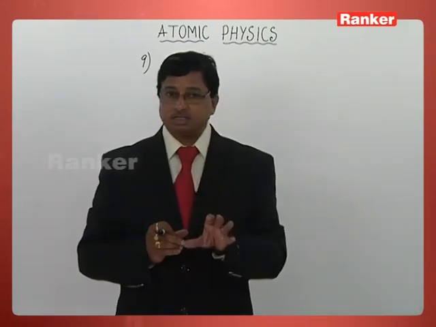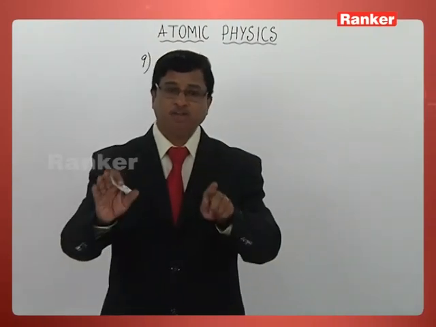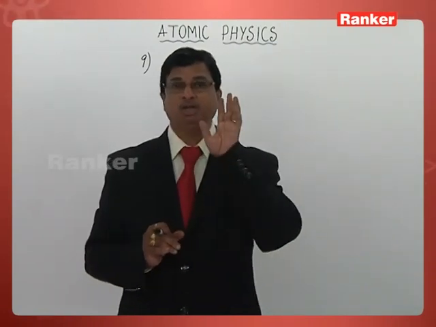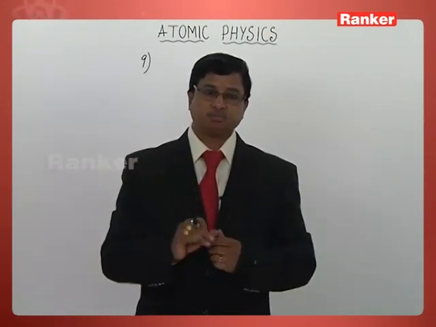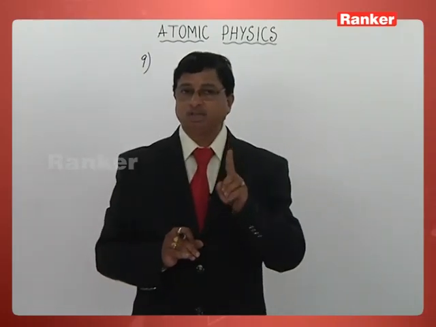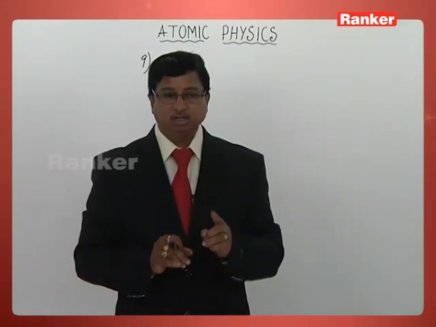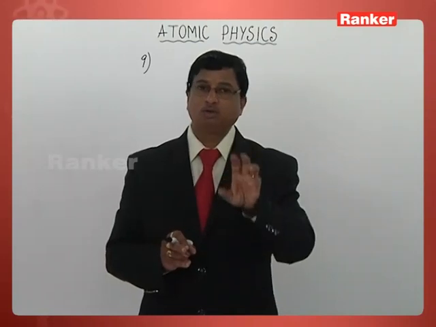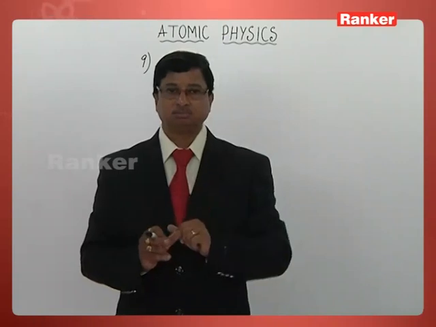If the energy of the incident photon is either equal to the work function of the metal or less than the work function of the metal, photoelectric emission will never take place. So one should understand that photoelectric emission takes place only when the energy of the incident photon is greater than the work function of that photosensitive material, which has been taken as the photocathode.